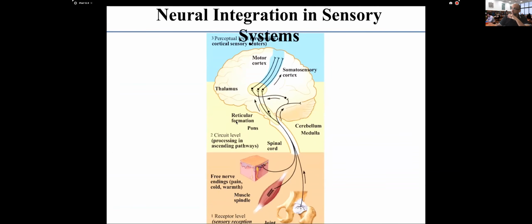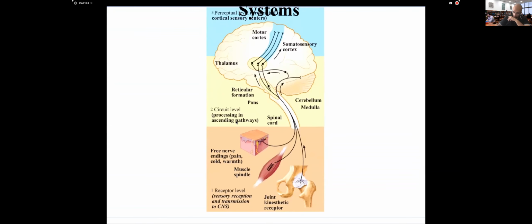So neural signal integration in the sensory system. So I'm sending out signals from my joint, from my muscles, from my skin, and all those are going to be traveling up to be sorted, edited in my thalamus. Remember, the thalamus is your vice president. It's going to be determining which type of sensations I should be focusing on right now, which ones I should just neglect for now.